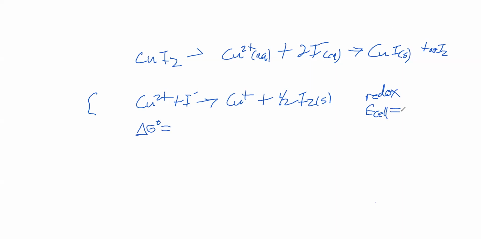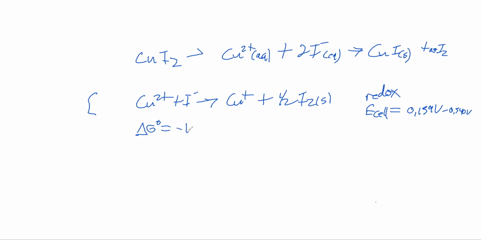So our E cell here should be that copper oxidation, but this time it's going to be a reduction. So 0.159 volts this time instead of the negative. And then we're going to use the oxidation of iodine, so minus 0.540 volts. And this process exchanges 1 electron for us.